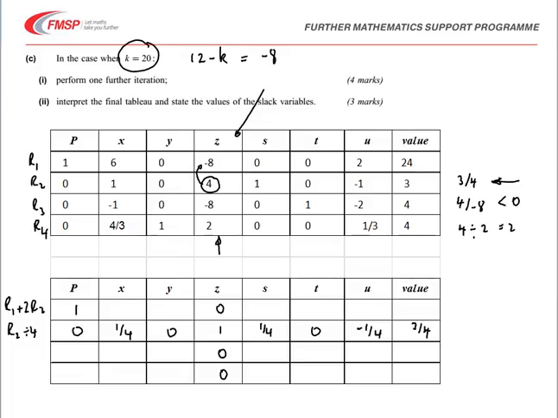Becomes 1, 8, 0, 0, and then 2, 0, that one becomes 0, and then 3 times 2, 6, so 24 plus 6 gives us 30. We've also got -8 in the next one down here, so again adding 2 lots of that row.